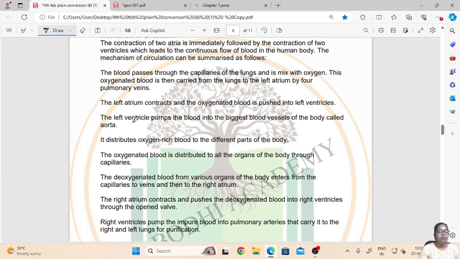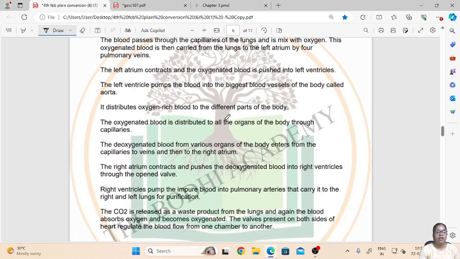Then the left ventricle pumps the blood. It distributes oxygenated blood through the capillaries. The deoxygenated blood from various organs of the body will be supplied to the right atrium.